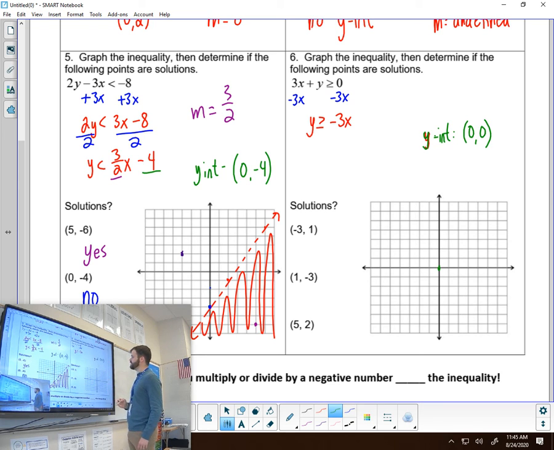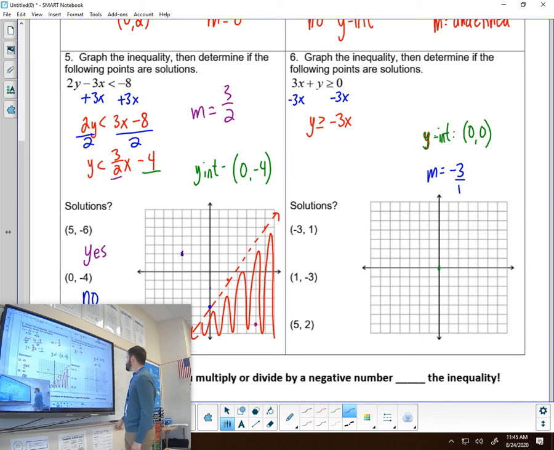And there's my point. My slope is going to be -3. Remember, you can write this as -3 over 1 if you want to. This means we're going to go down 3 to the right 1, down 3 to the right 1, because as we move from left to right, this time my graph is going to be going down.